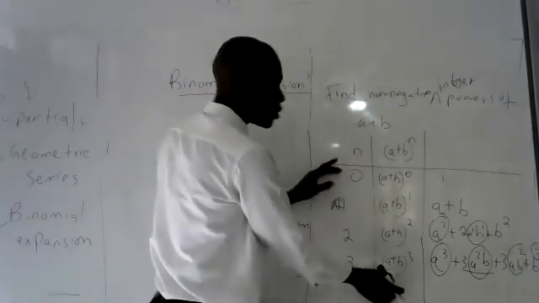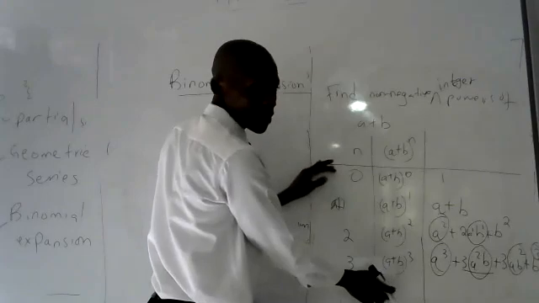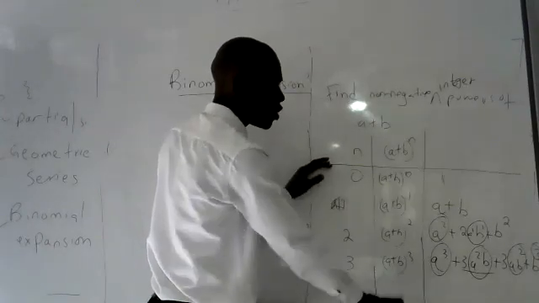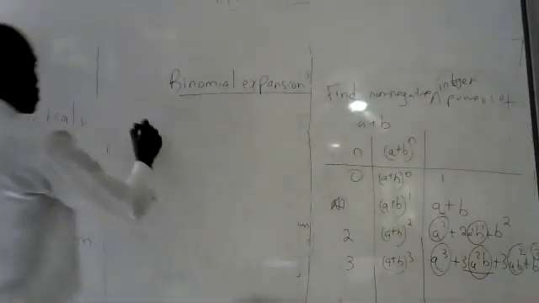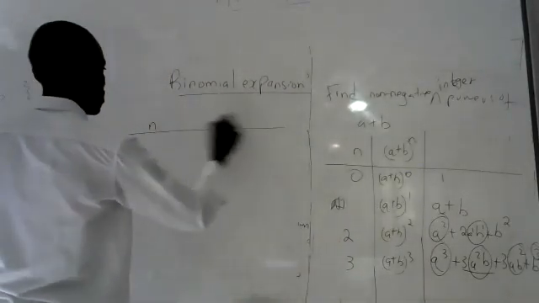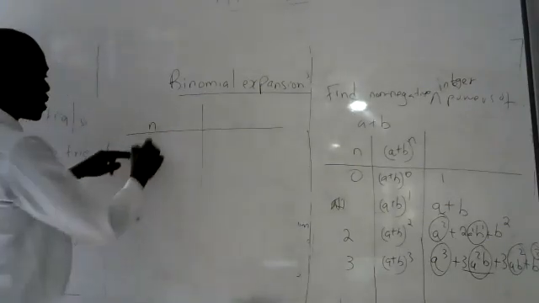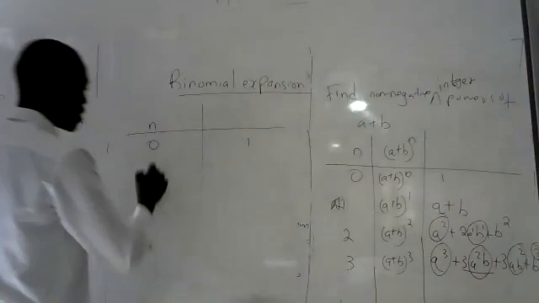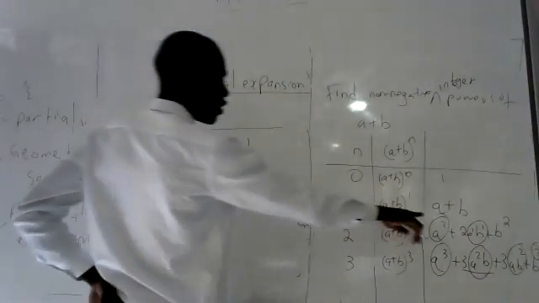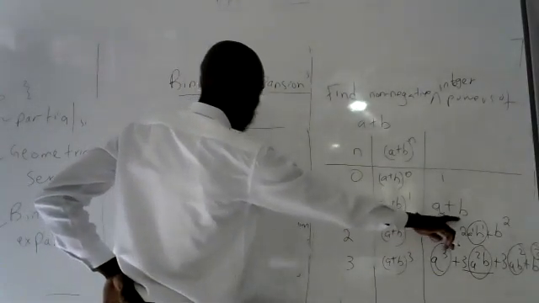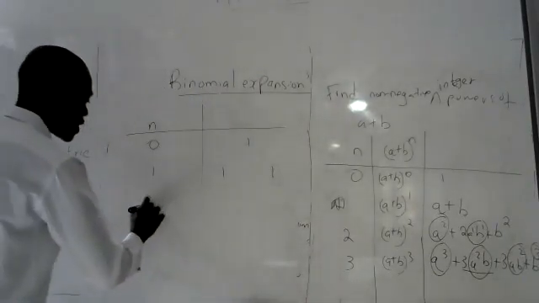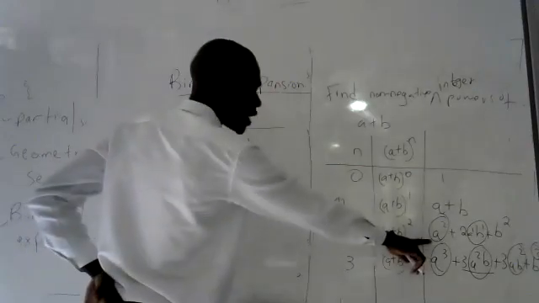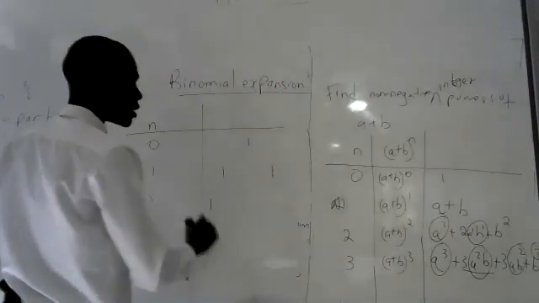From this table, I just want to write the coefficients alone. I want to ignore these terms because we already know the behavior. So at n is 0, well, there is only 1. At n is 1, coefficient of a is 1, coefficient of b is 1. So we have a 1 and a 1. At n is 2, coefficient of a squared is 1.